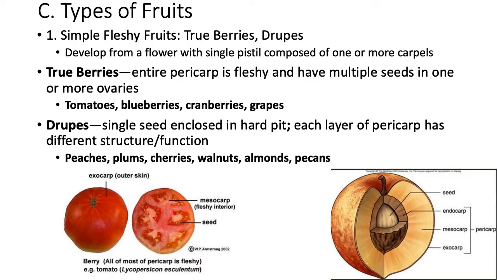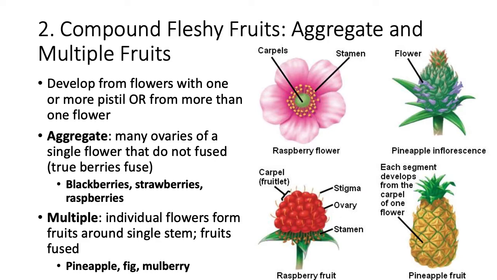Moving on to the second group called compound fleshy fruits. This includes aggregate and multiple fruits. So how compound fleshy fruits come about, there's two ways.